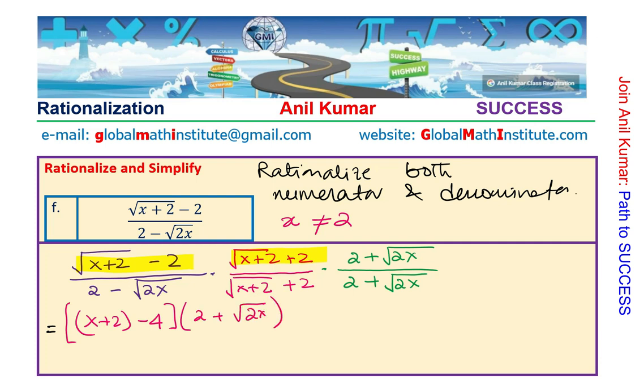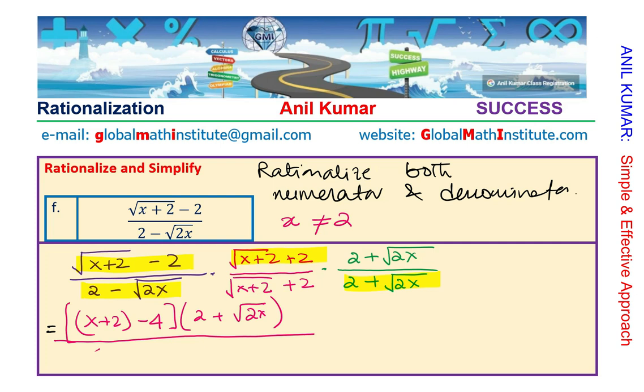In the denominator, 2 minus square root 2x and 2 plus square root 2x will get simplified. So we get 4 minus 2x, right? So let me write this 2x in the bracket. So this is one term, the other term is square root of x plus 2, plus 2. Makes sense, right?